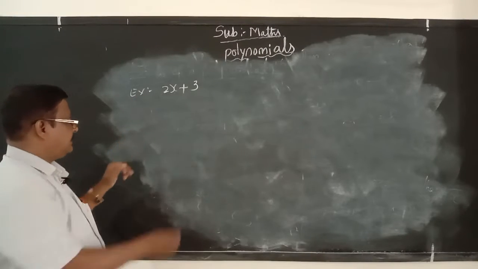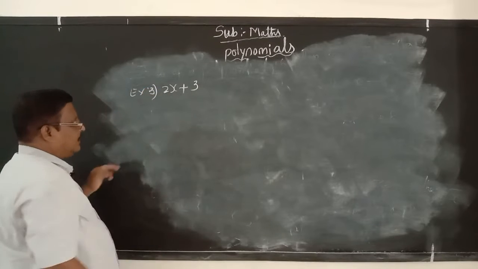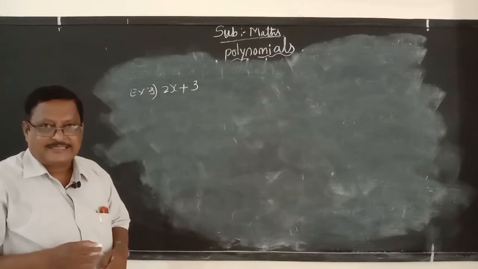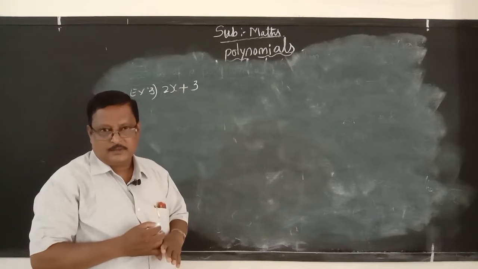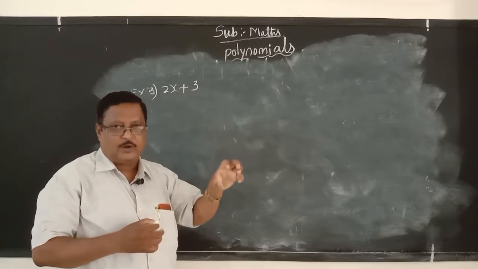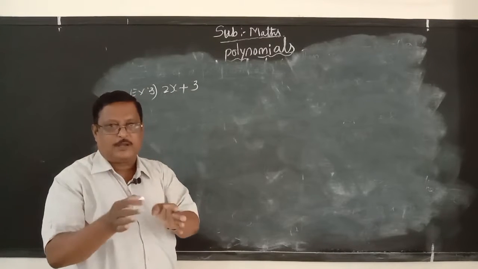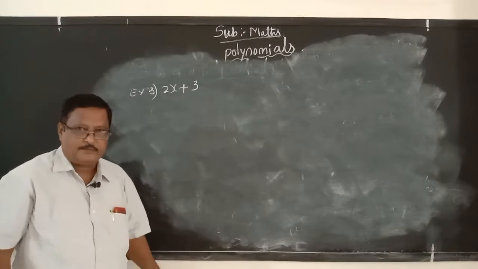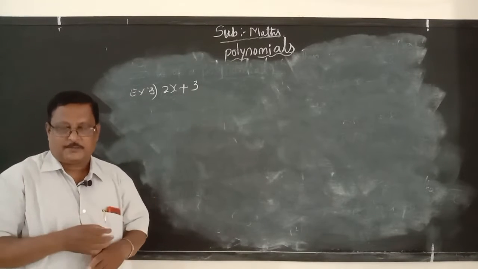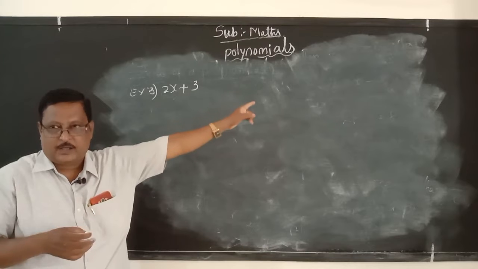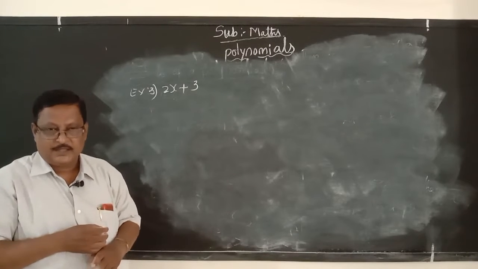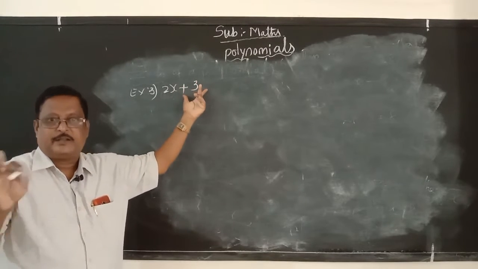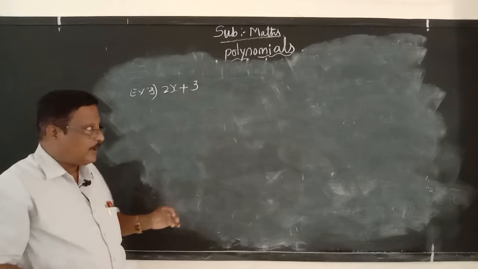Next, example number 3: 2x plus 3. You have to find the assigned value of x, the value for which the polynomial is equal to 0. In the first and second examples the assigned values are whole numbers. Here if you take whole numbers, the polynomial is not equal to 0, then you have to calculate.